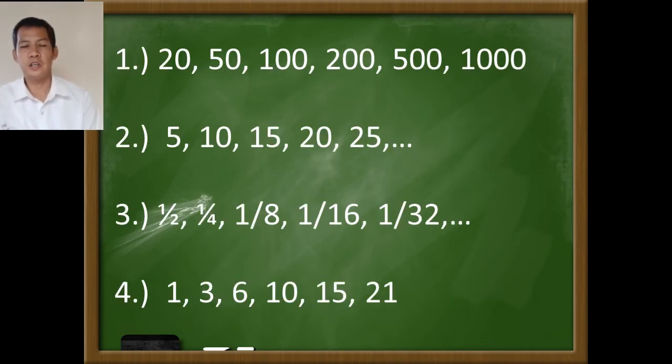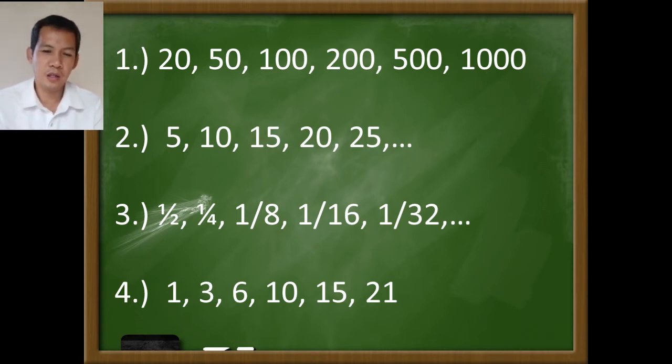These are the sequences we have just generated from peso bill denominations, multiples of 5, decreasing regions in a square, and the first 6 triangular numbers. The question is, can we find the last term of all these sequences? If your answer is no, then you are correct.